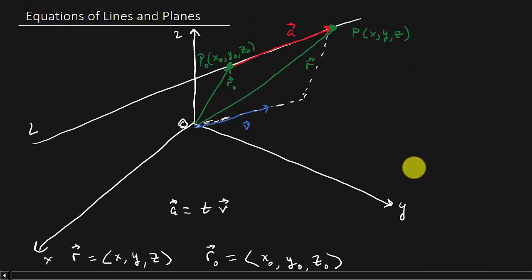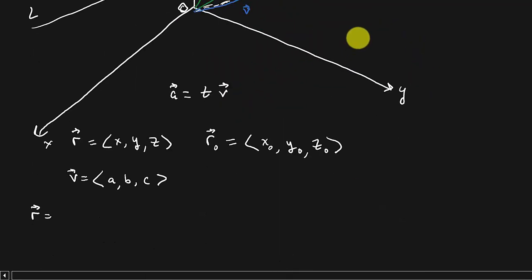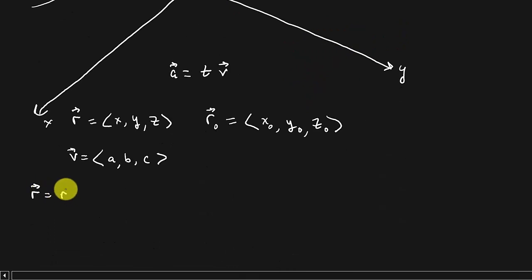So we can say vector r is vector r sub 0 plus vector a, right?